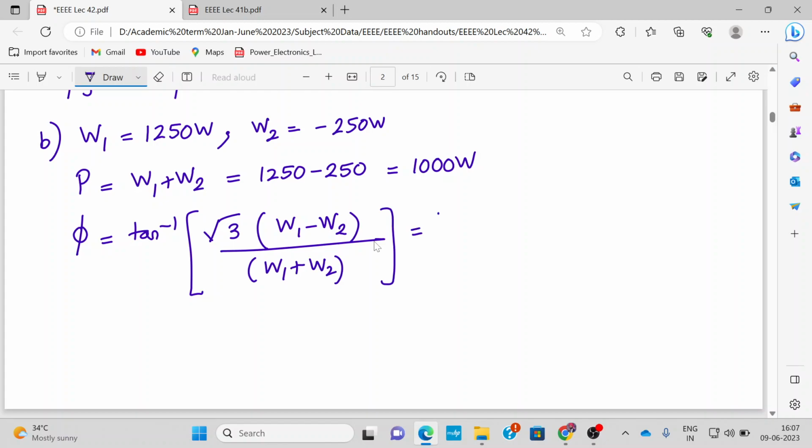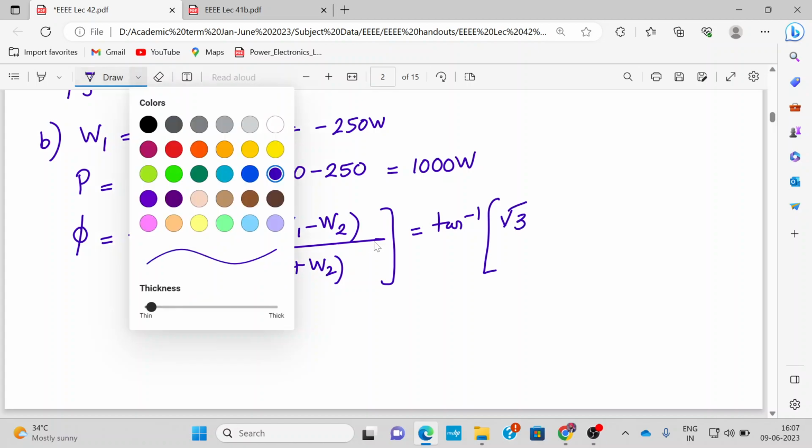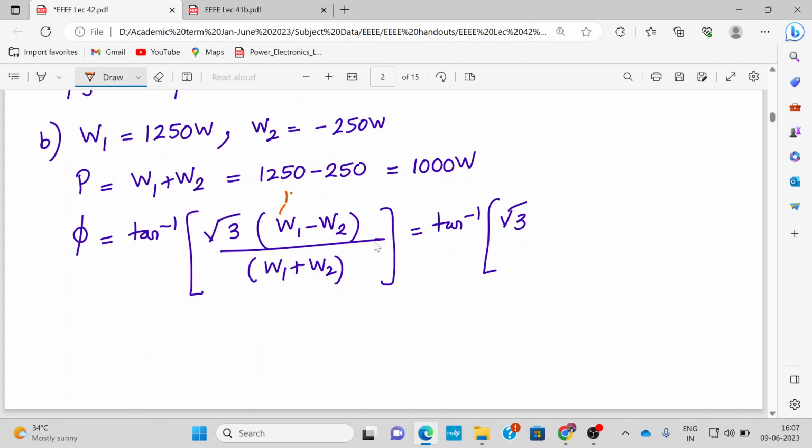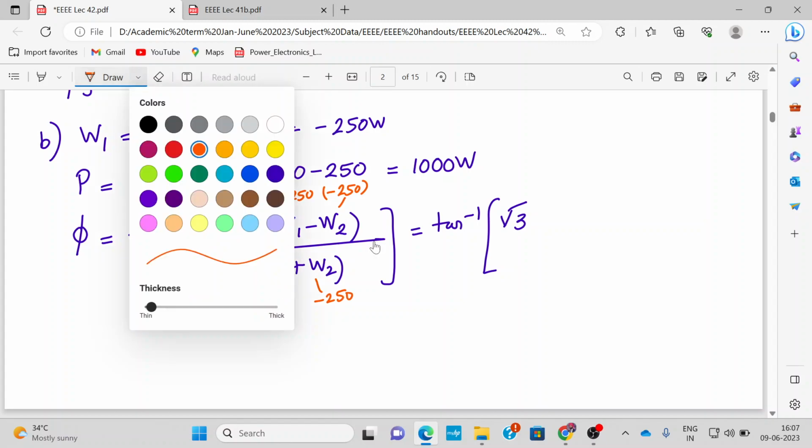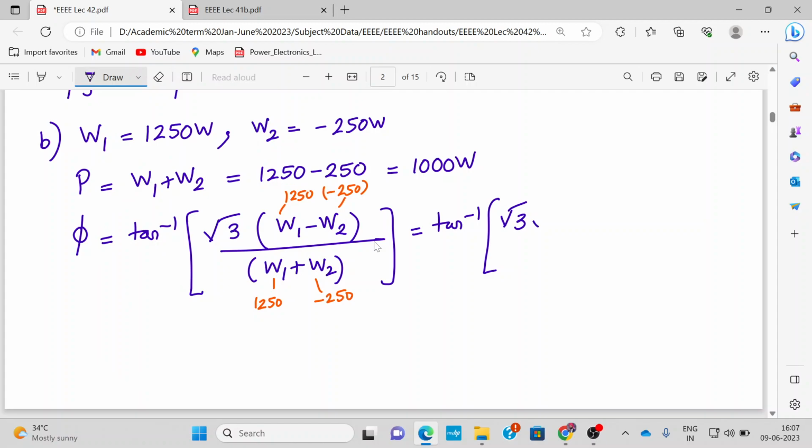So this will be tan inverse of root 3 into, this is 1250, this is minus 250. So 1250 minus of minus 250 will be 1500, divided by 1250 minus 250, which is 1000.